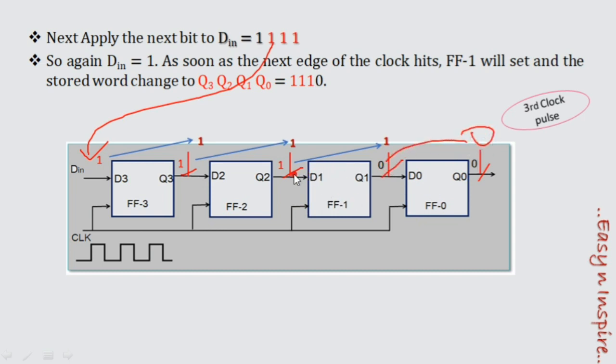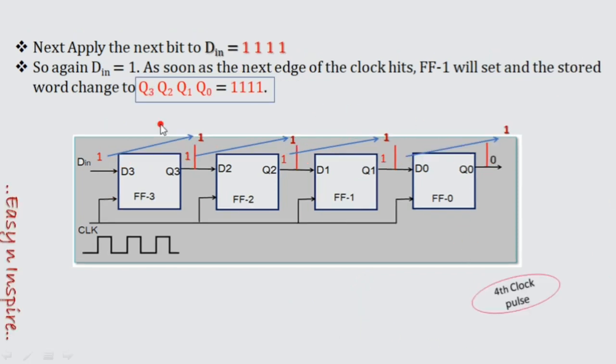For this flip-flop, 1 is input, so 1 is output. For this flip-flop, 1 is input, 1 is output. For this flip-flop, 1 is input and 1 is output. So my output is 1, 1, 1, 0. This is the output after the third clock pulse.